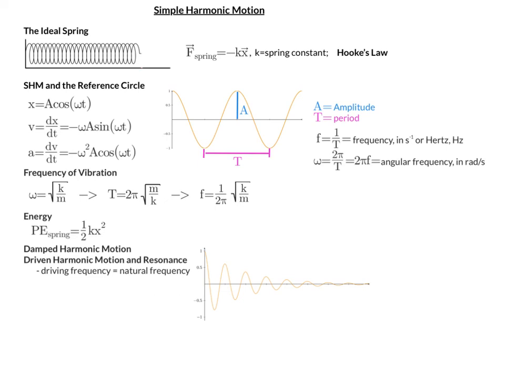This natural frequency is the frequency that the particular oscillator has based on its shape and some other characteristics that it has. We'll look into pendulums in a future lecture.